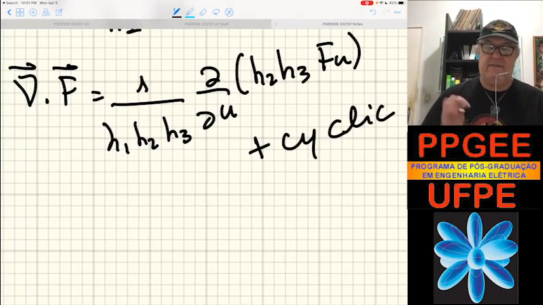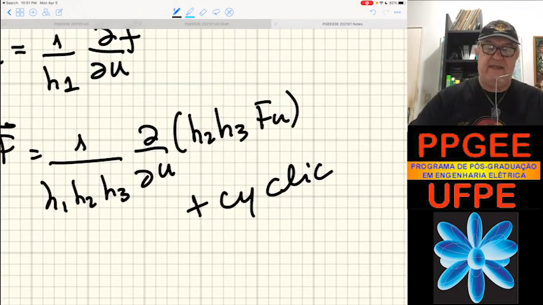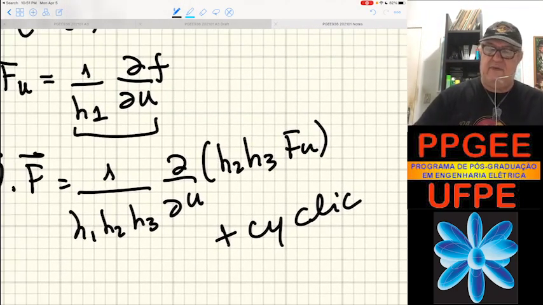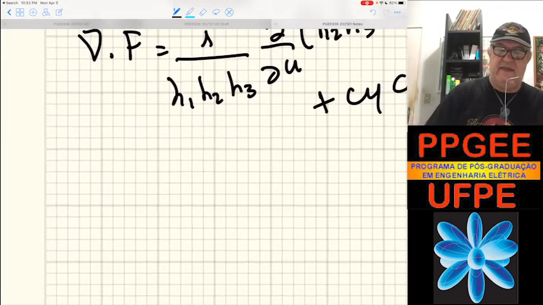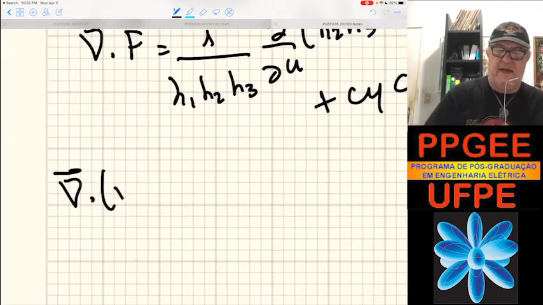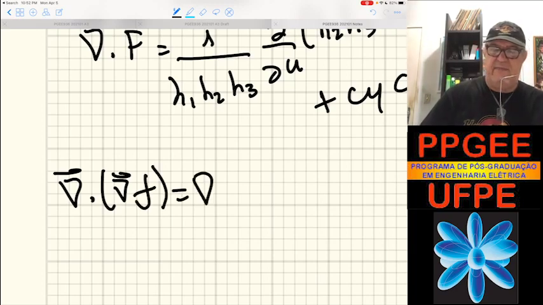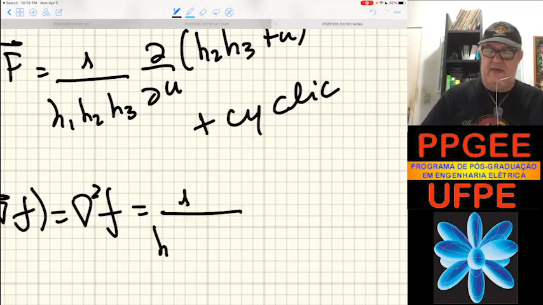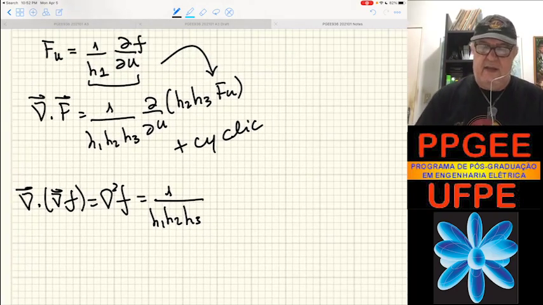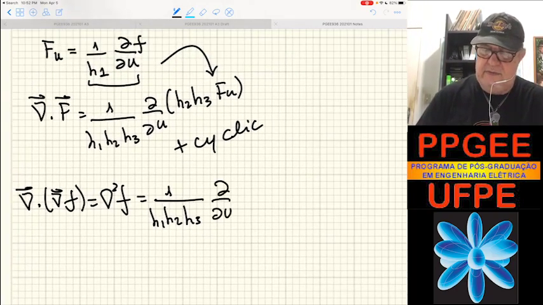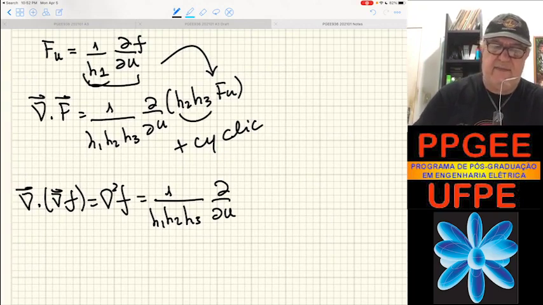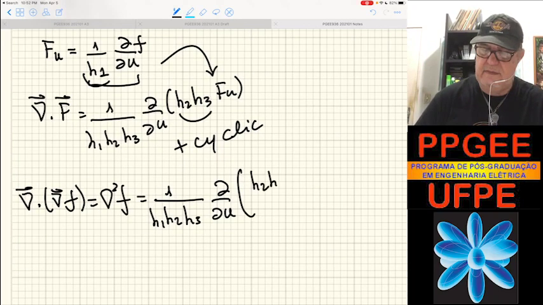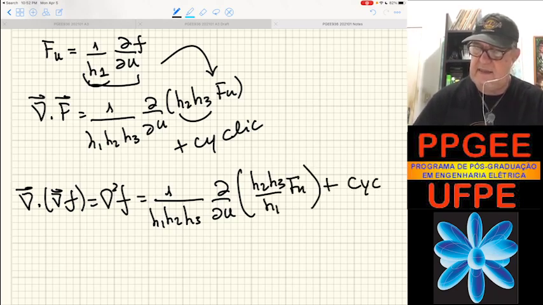Don't have to write the whole thing, right? So if I insert this component here, which is FU right there, we have the divergence of gradients of F, which is the Laplacian of F. It's going to be 1 over H1, H2, H3, d du, H2, H3 divided by H1, FU, plus cyclic permutation.